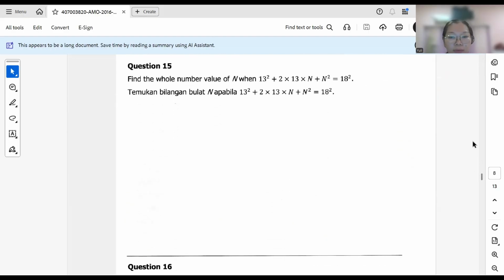Okay, find the whole number value of n. This is an algebra form, right? How do I know? Because there is a 2 in the middle.